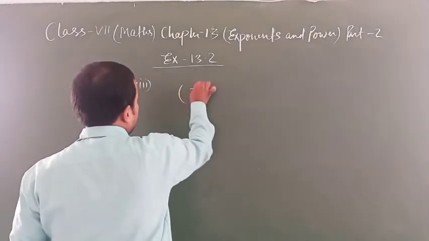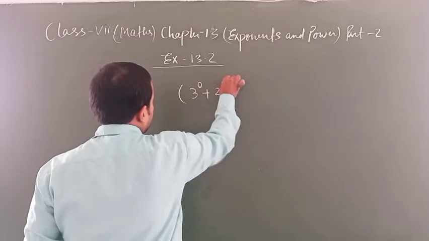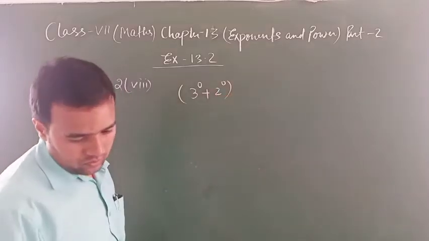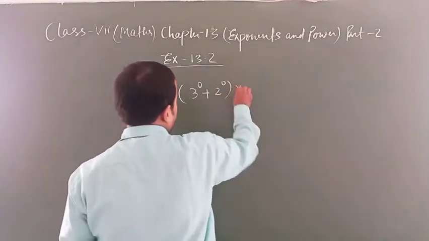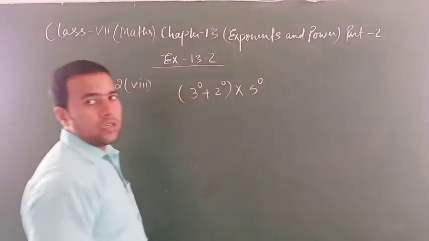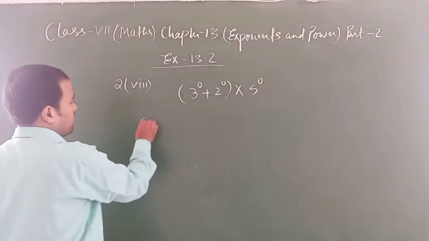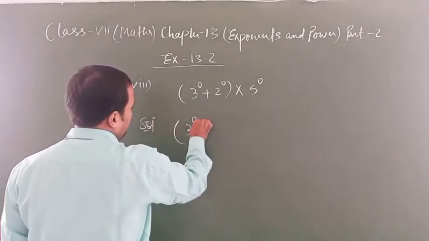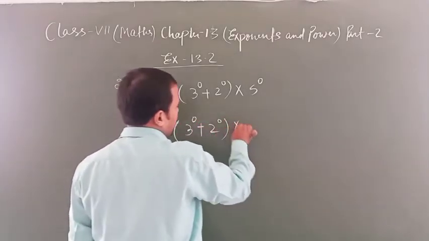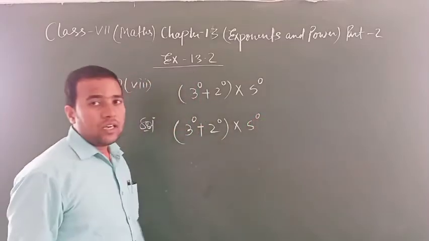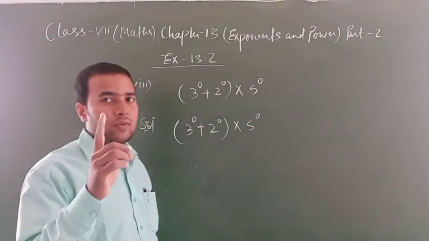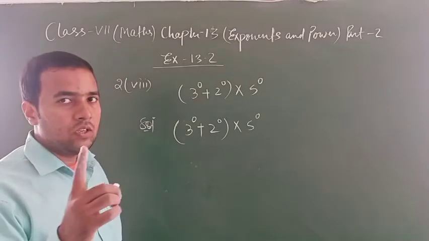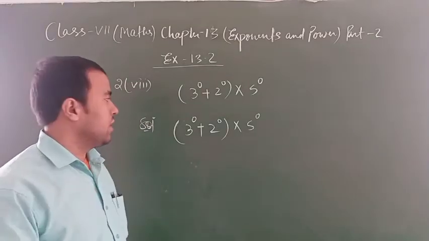(3 power 0 plus 2 power 0) into 5 power 0. Clear? I told you in part 1, if you have seen part 1, you know very well.